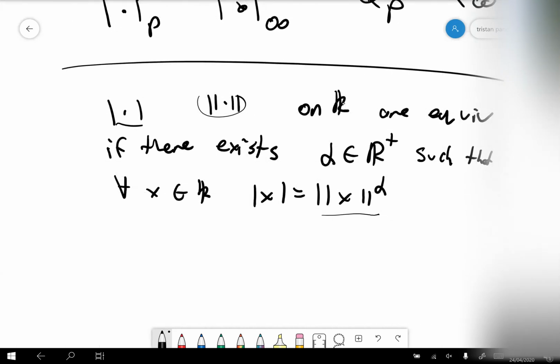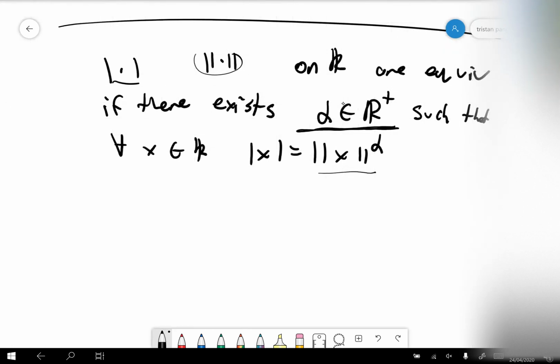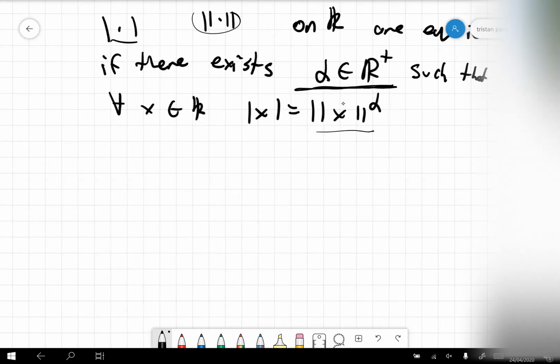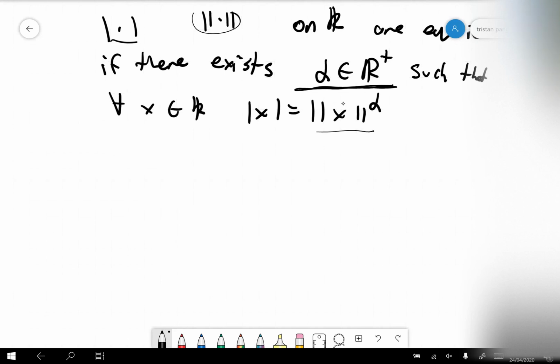And note that it does have to be the same alpha for everything. And that's just something from analysis.